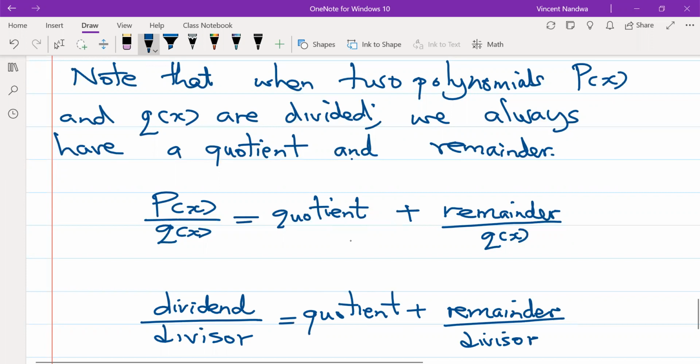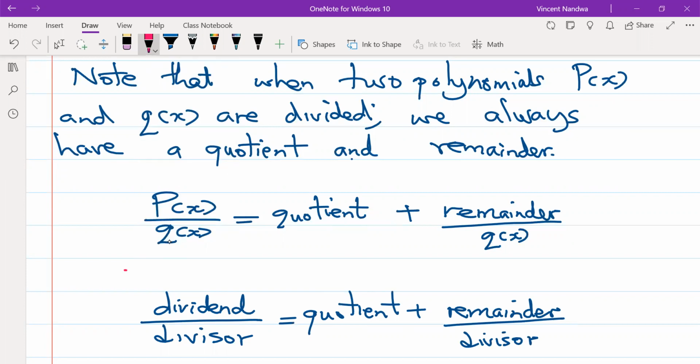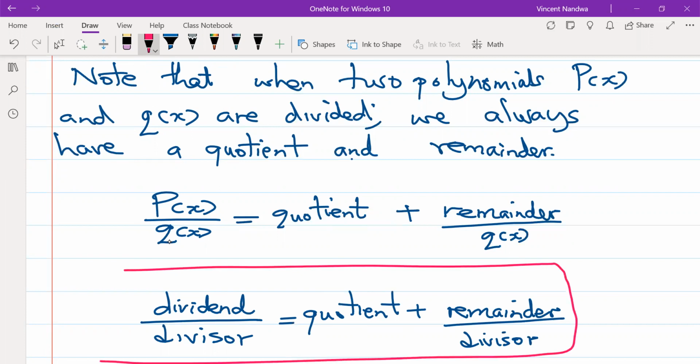This in general, is what happens when you are doing any division, whether of numbers or of polynomials. This must be clear from the start that dividend over divisor is always quotient plus remainder over divisor.